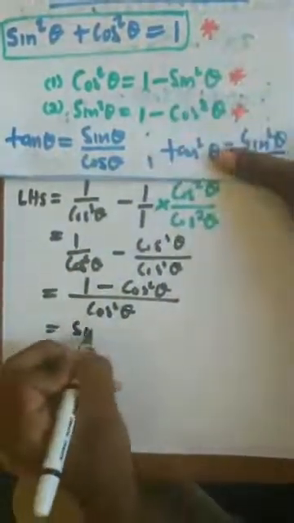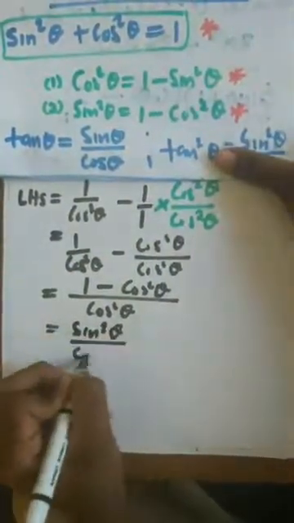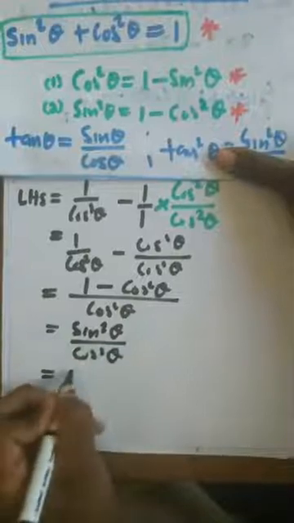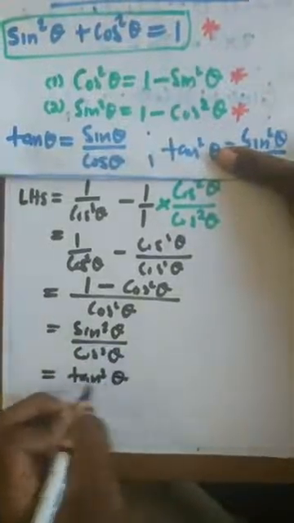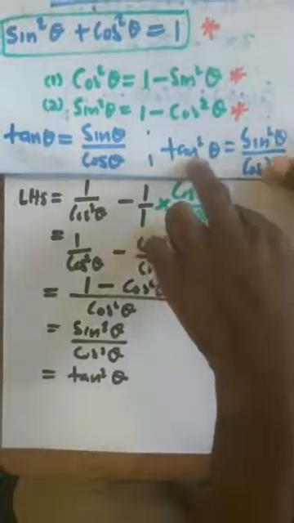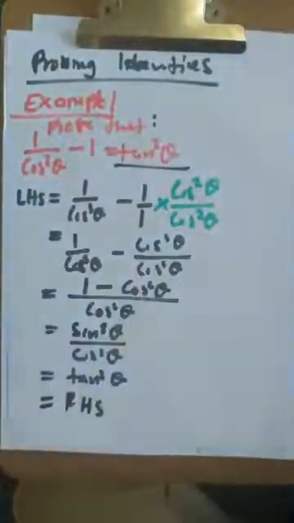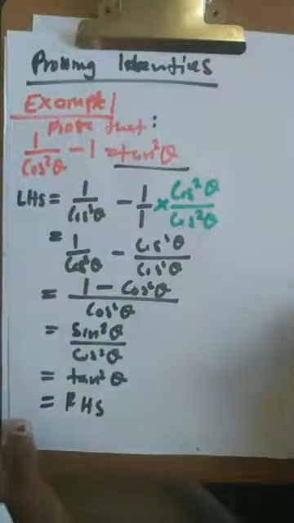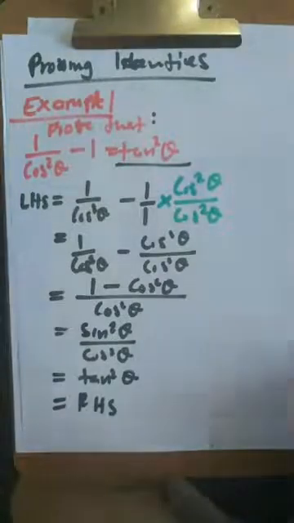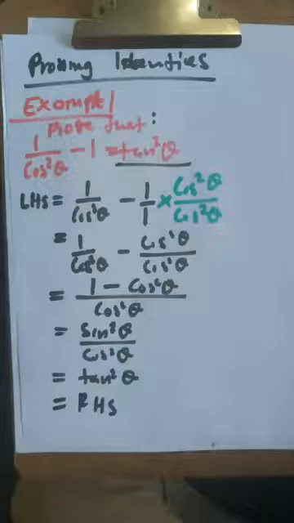Then we substitute: sin squared theta over cos squared theta is tan squared theta. Therefore it is equal to the right hand side, which is tan squared theta. Then I've proven the identity.